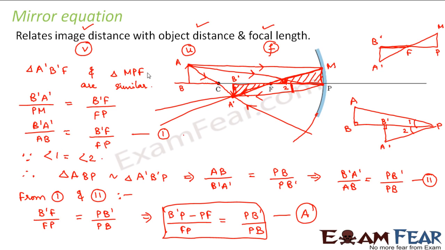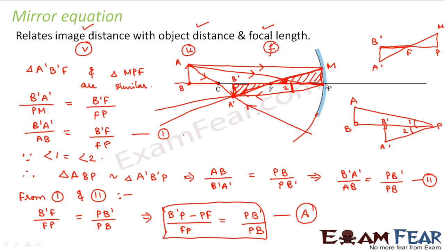So now we will consider the sign convention. Now we will see what all we want here. What is our objective? We want to relate object distance, image distance, and the focal length. Now what is the object distance in this case? The object is located here. All distances are measured from the pole of the mirror.